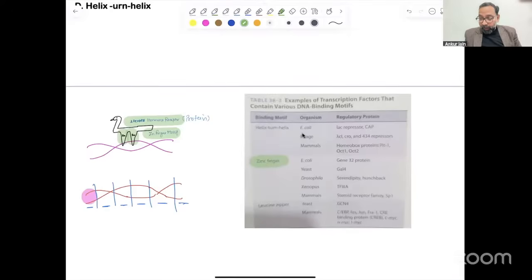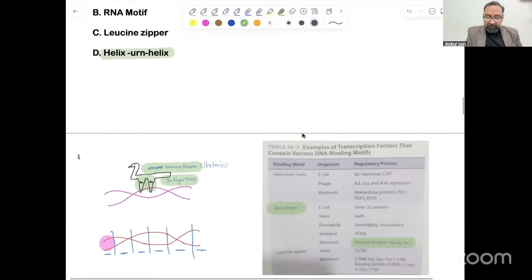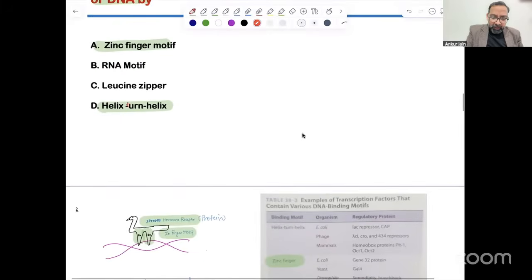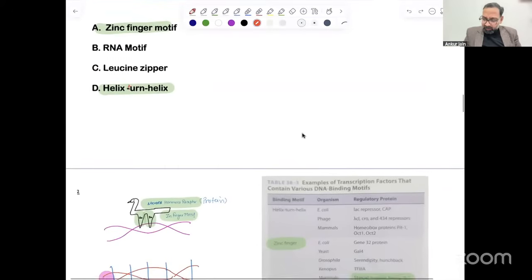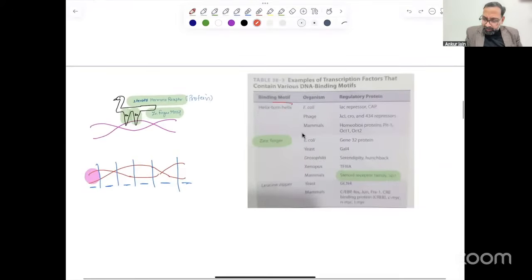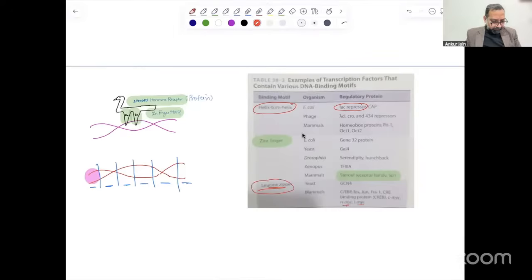This is taken from Harper: the steroid receptor family has zinc finger motif. Other options: helix-turn-helix motif, leucine zipper motif. Next time they may ask, although not asked previously, helix-turn-helix motif: lac repressor. Myc genes have leucine zipper motif.